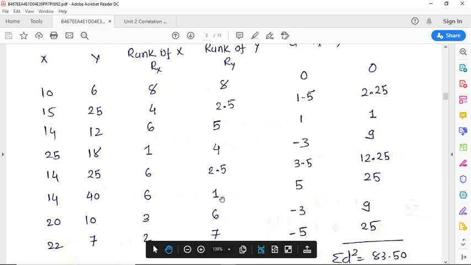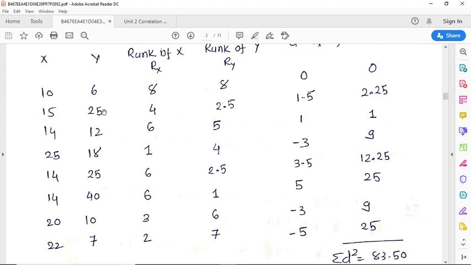Okay, then after that, the next highest is 25 and it is repeated 2 times. So you cannot write 2 and 3 here. What we do is, that is in second place, second rank, and it is the 3rd rank. So 2 plus 3 is 5, and how many times is it repeated? 2 times.